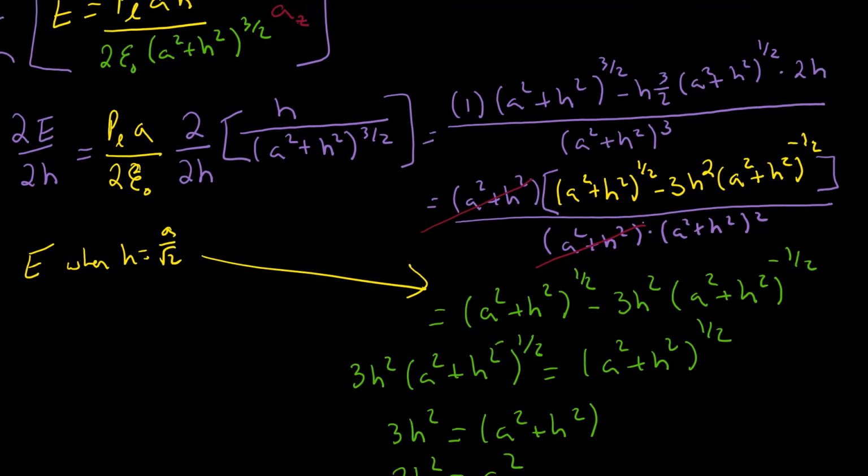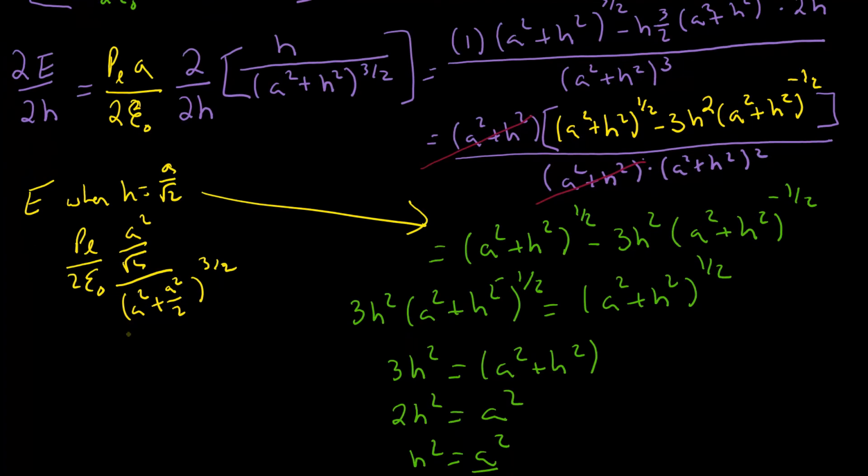So we're going to have, let's see, rho L over 2 epsilon naught of a squared over square root of 2 over a squared plus a squared over 2 to the 3/2.